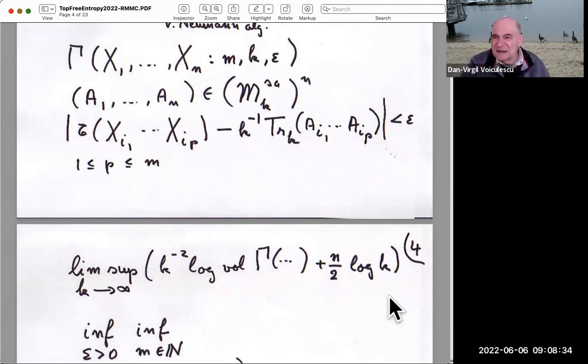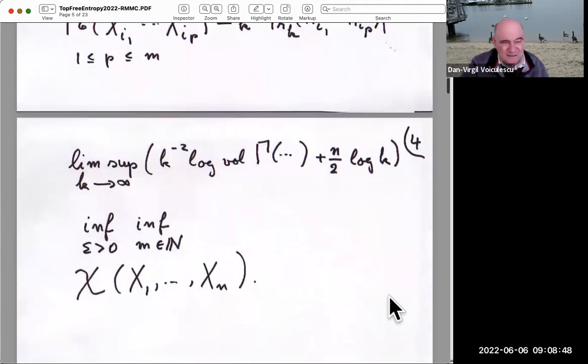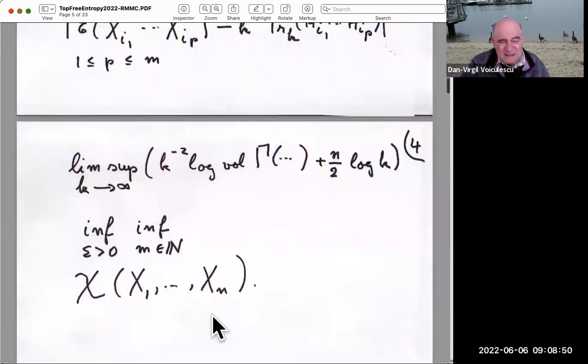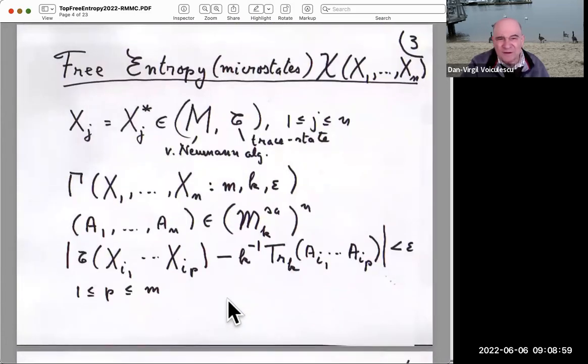All this is an imitation of the basic thing from statistical mechanics of Boltzmann, that the entropy is the logarithm of the volume of microstates. Yeah, and the quantity one gets is chi of x_1,...,x_n. That's the usual definition of the microstates free entropy.